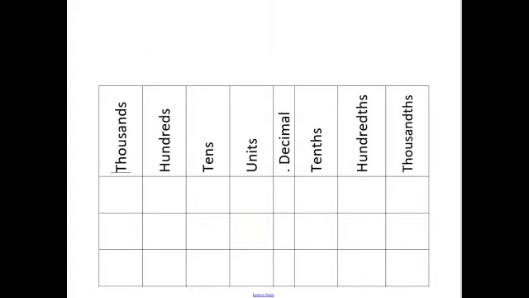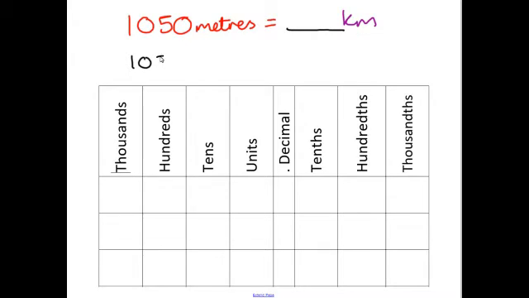If we were going the other way, say we had 1,050 meters and wanted to know what that would be in kilometers, we would do the inverse, so we would divide by 1,000. So 1,050 divided by 1,000. On a place value chart, for multiplying by 1,000 we made 3 jumps to the left.